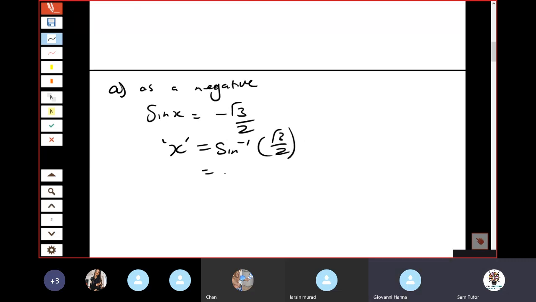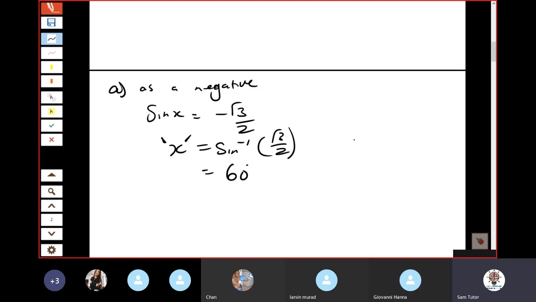Plug it into your calculator. One sec. 60. Now that's not your answer. That's why we've got these little hats. So that's there just to say this is kind of what we need, but this is not our x.